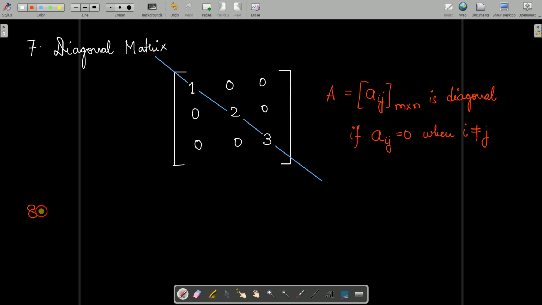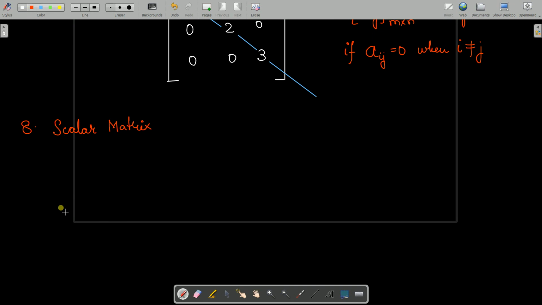Next matrix we have is your scalar matrix. Okay, what is a scalar matrix? So let's say a matrix A we have Aij, whose order is m cross n, is a scalar.